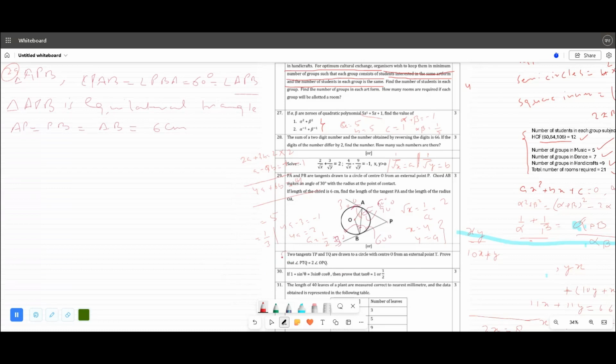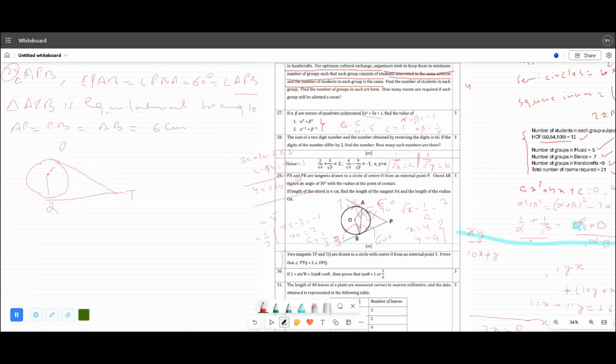Next question is prove that two tangents TP and TQ are drawn to a circle with center O from a point T. तो ये आपका सर्कल हो गया और from a point T I have drawn two tangents, TP and TQ. Correct.